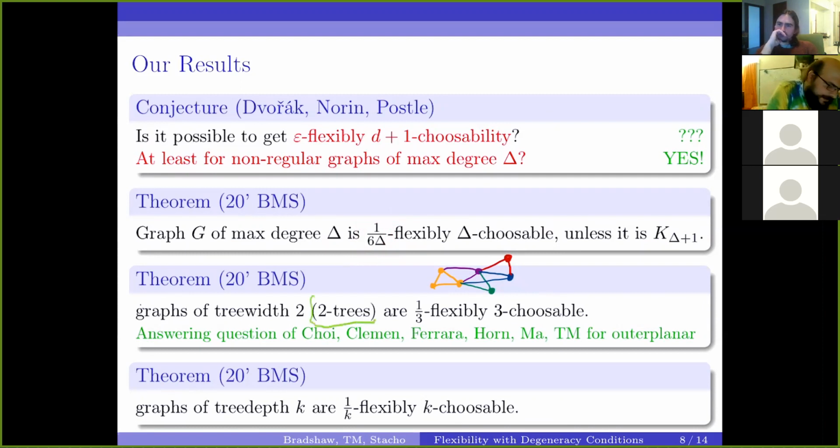And here I am speaking about 2-trees. 2-trees are the edge-maximal graphs of treewidth 2, and as adding vertices to the graph only makes our problem more difficult, we can just focus on 2-trees. I will be using the terminology of 2-trees in our proofs. A 2-tree is constructed by induction as follows.